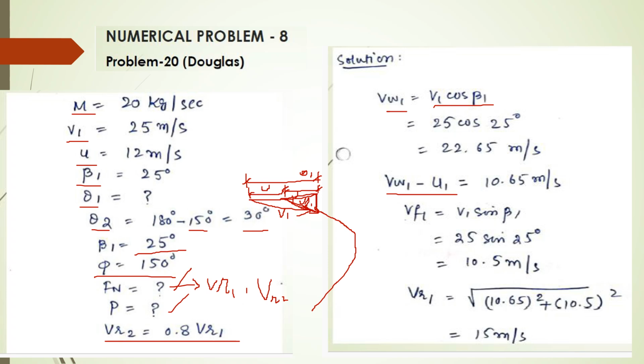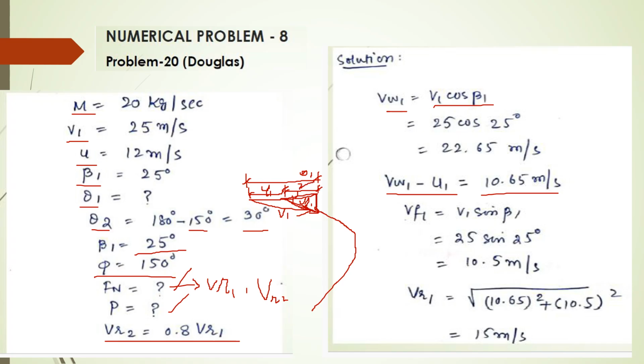If we subtract V1 cos β1 from u1, that is Vw1 minus u1, this is 10.65 meter per second, and that should be the horizontal component of Vr1 from here till here.